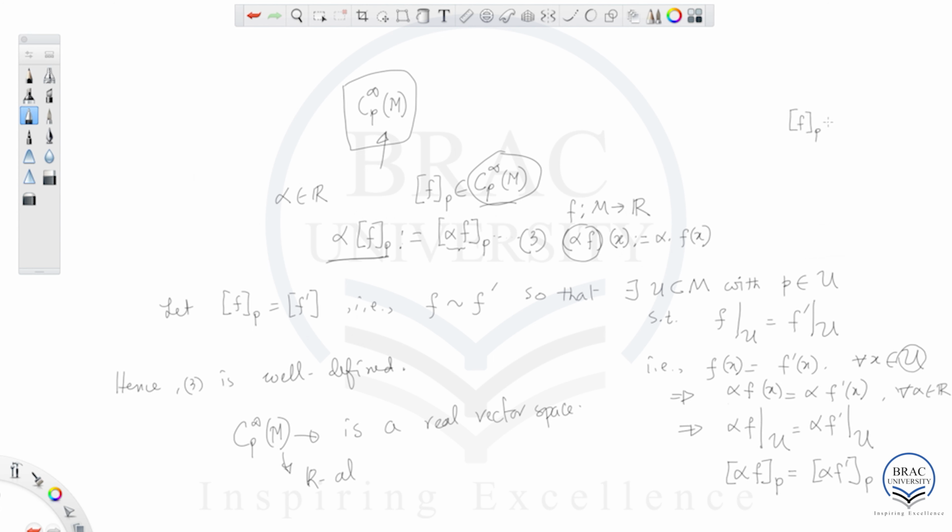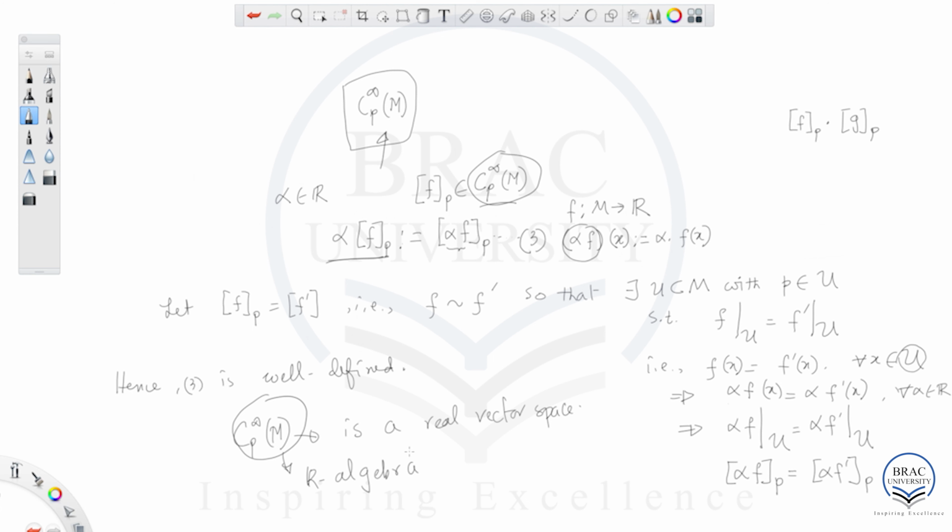You can multiply two elements here, and you can check that this product is associative, and that the product and the addition satisfy all the required distributive properties to form a real algebra, an R algebra.